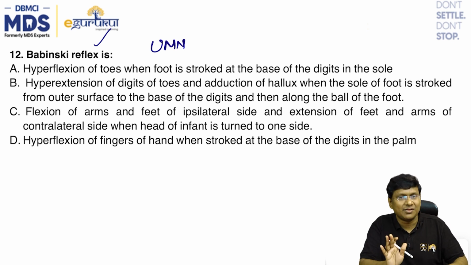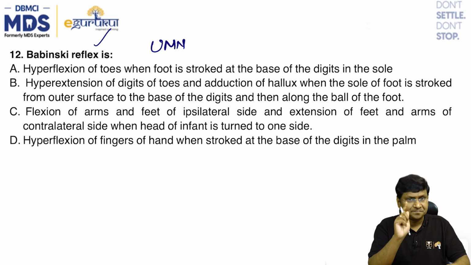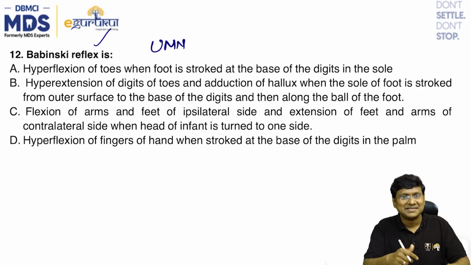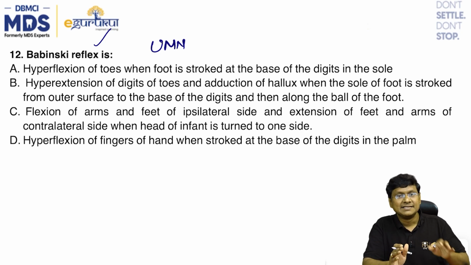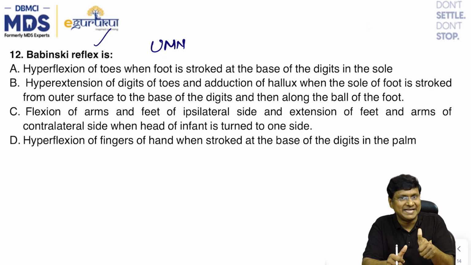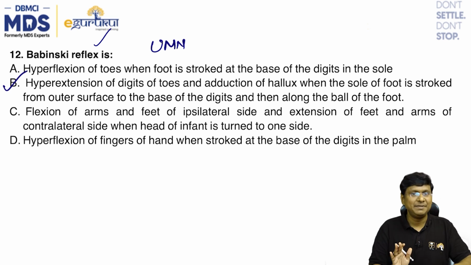So going through all the options, the correct answer is that there will be hyperextension of the digits of the toes in the lower limbs, and there is adduction of the hallux when the sole of the foot is stroked from the outer surface of the base of the digits and then along the ball of the foot. So the answer is B here.